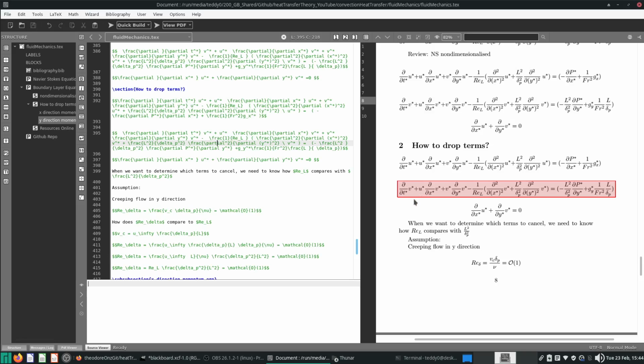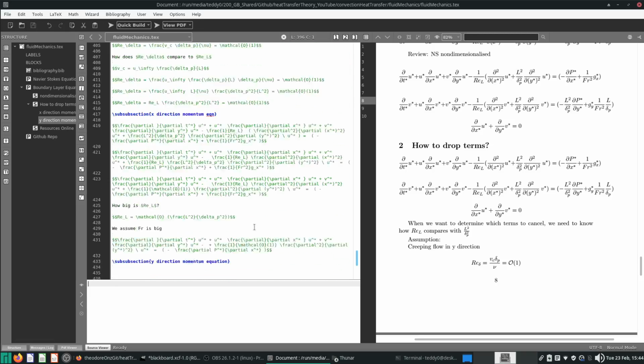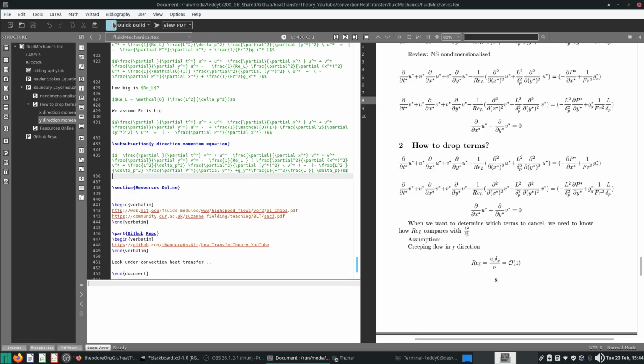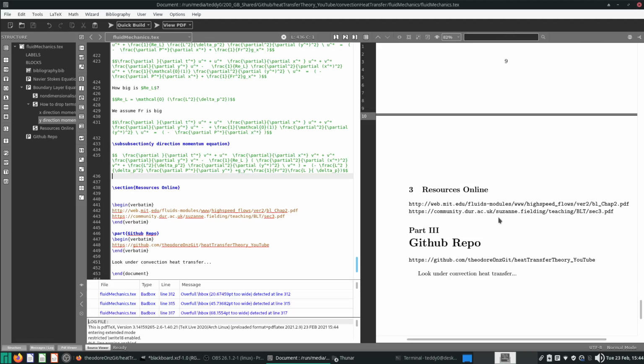Now the next thing is this. Let's deal with the y momentum. And immediately we will be able to see one of the terms disappear again.